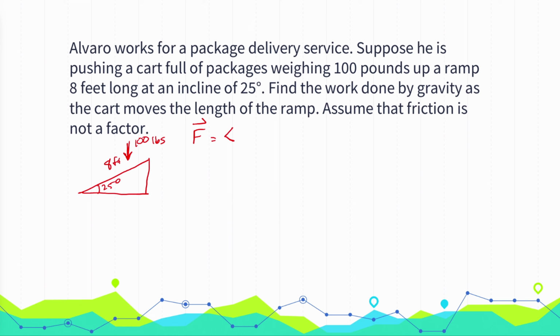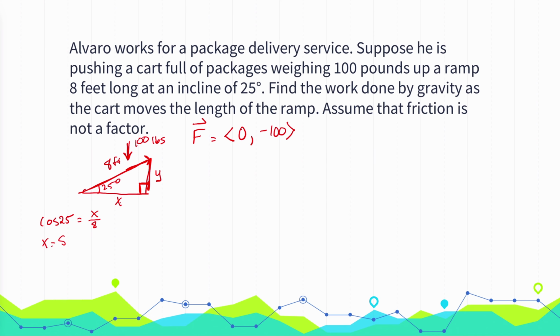So there's nothing in the x direction and negative 100 pounds in the y direction. The displacement vector, we're going to need to use SOHCAHTOA to break this up into the x and y components. X is going to be the cosine of 25, is x over 8, the adjacent over the hypotenuse.